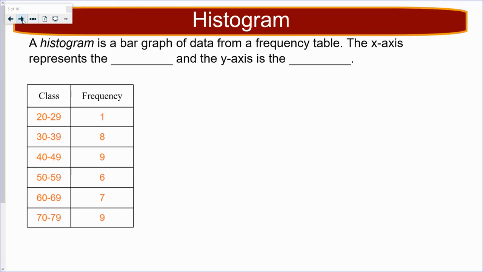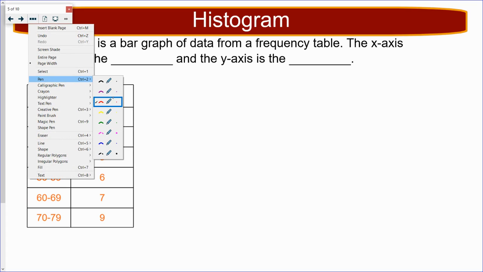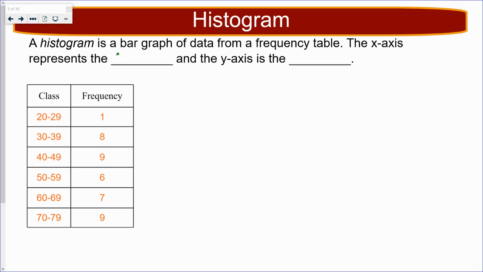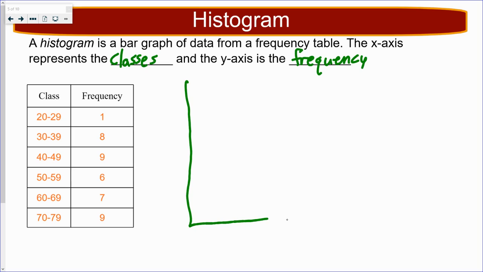We can create something called a histogram. It's a bar graph of data from a frequency table. The x-axis is going to represent the classes, and the y-axis is the frequency. Because we as human beings are a visual species, so we like to see things, which means I'm going to show it as a bar graph.